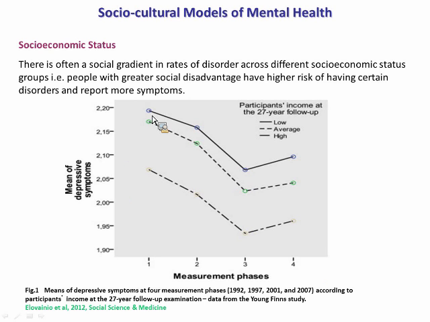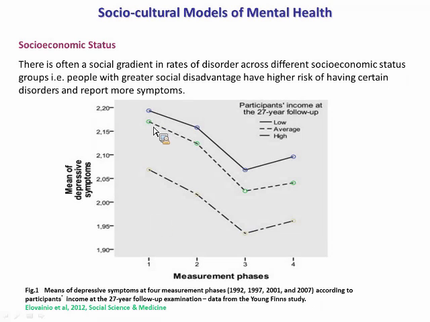And as you can see, the top line here is those who've got the lowest socioeconomic status. The green one there is the middle, and then down the bottom here is the highest socioeconomic status. And what you can see is that at each phase, those who've got low socioeconomic status are reporting a higher number of mean depressive symptoms.